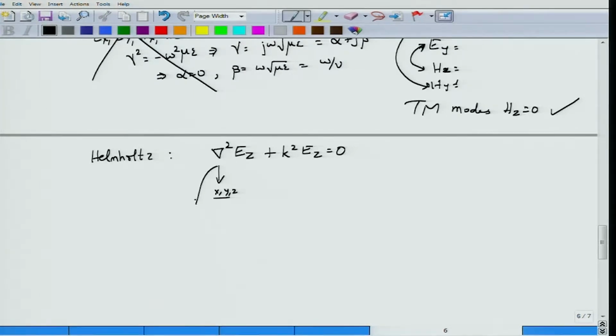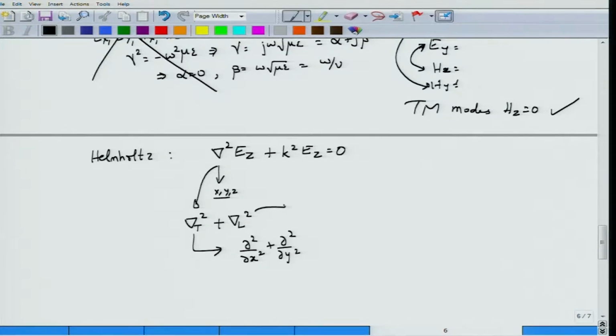In fact, I can split this del square itself into del transverse and del longitudinal. Now there is no inherent advantage of doing this, but this is something that you would find in microwave literature quite often. So the transverse component of the Laplacian is given by del square by del x square plus del square by del y square.